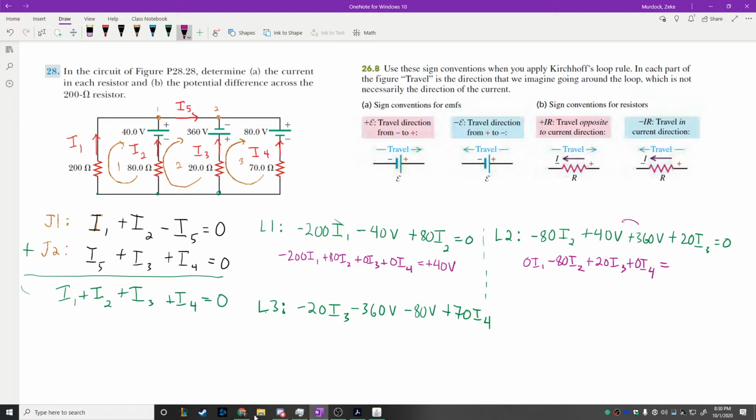These are the numbers that I'm adding together. 40 plus 360, that's 400, and it's negative 400 volts. And then finally, this one here, there's no I1, there's no I2, negative 20 I3, plus 70 I4 is equal to 36 plus 8, 440.